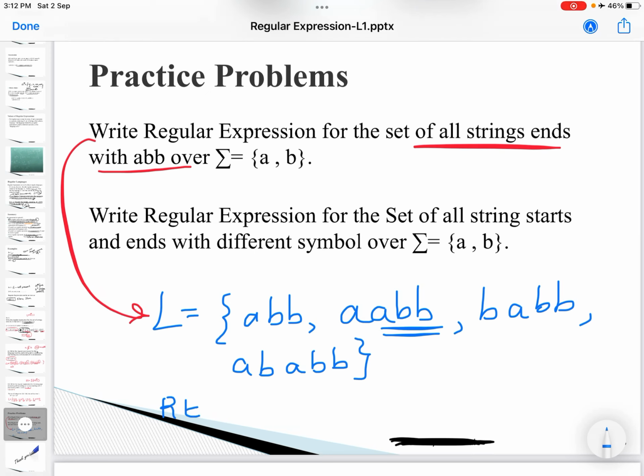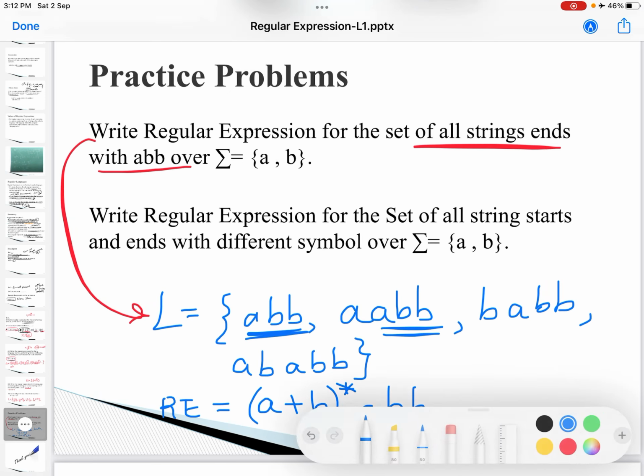What will be my RE? RE will be (A plus B) asterisk, A, B, B. Why asterisk? Because epsilon is also accepted. Here in this case it was epsilon, but it should end with A, B, B.